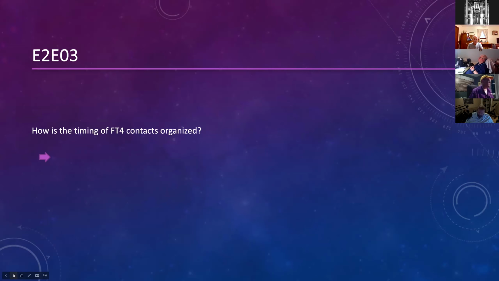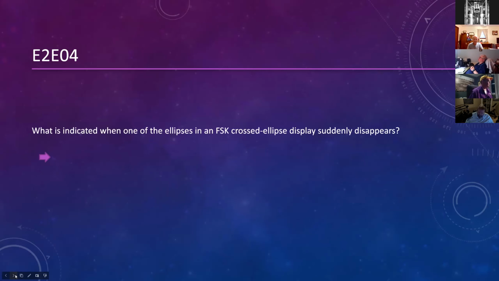How is the timing of FT4 contacts organized? Alternating transmissions at 7.5 second intervals. What is indicated when one of the ellipses in an FSK cross ellipse display suddenly disappears?